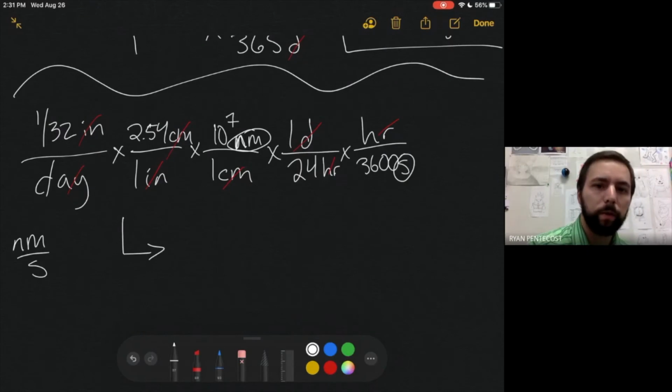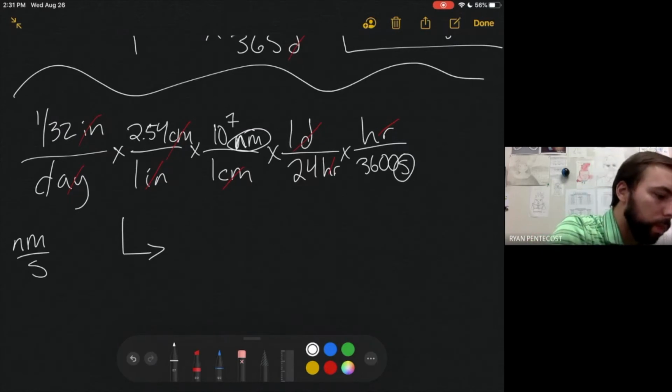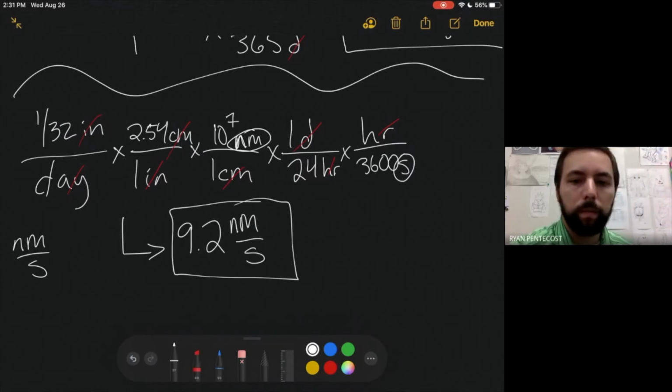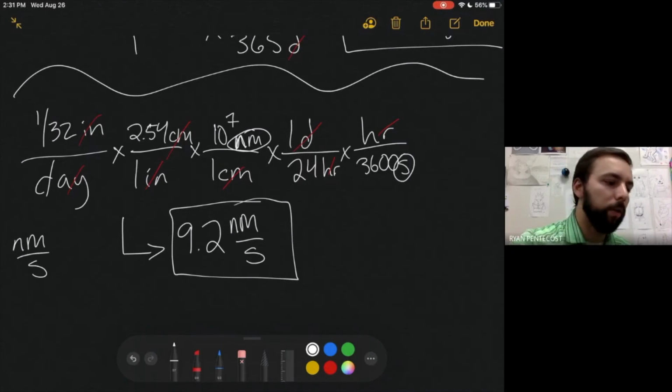All we had is 1/32, so that's 2 sig figs. So we have to round this to 2 sig figs, which would be 9.2 nanometers per second.